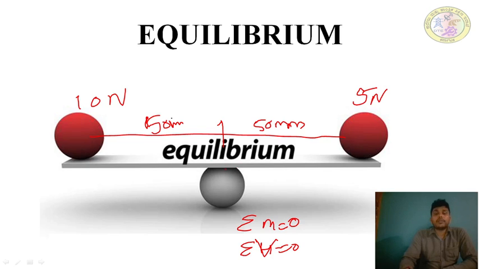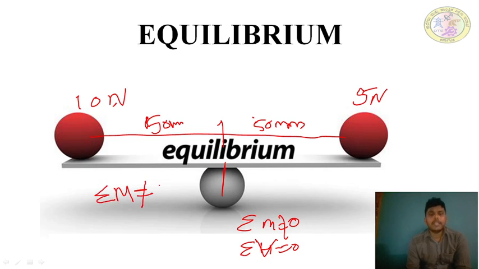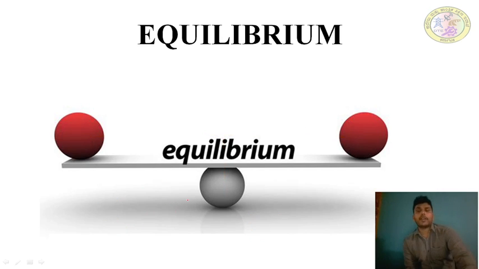Because the distance is the same, the moment formed in the two cases with respect to this point will be different, and sigma m will not be equal to 0, and sigma v will also not be equal to 0. In this condition it is not said to be in equilibrium. I hope you understood the concept.